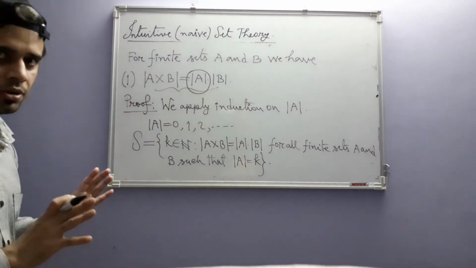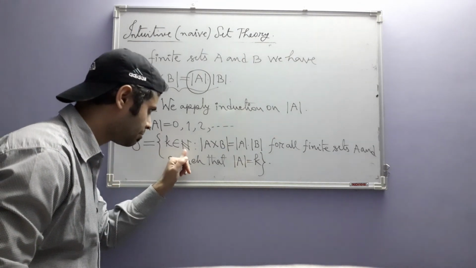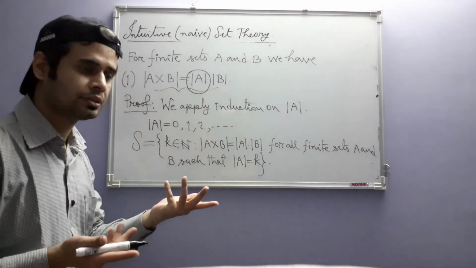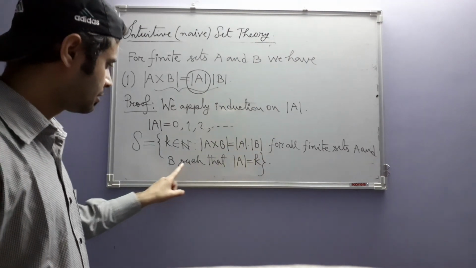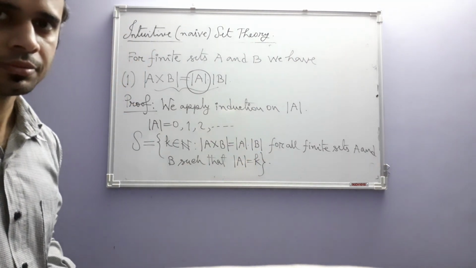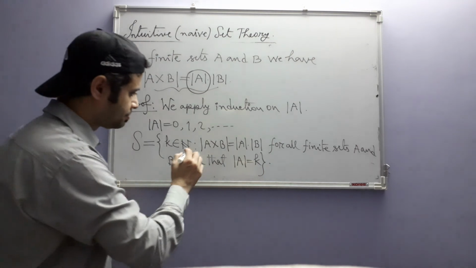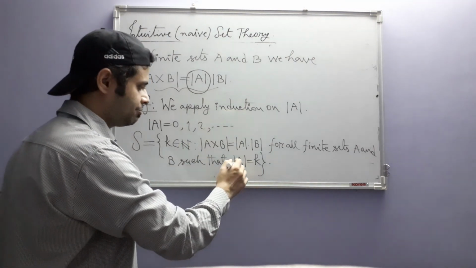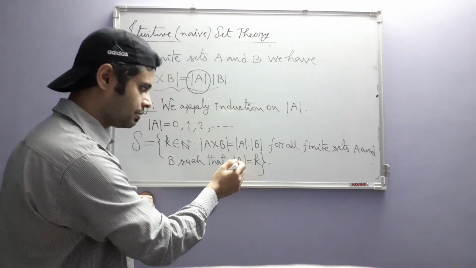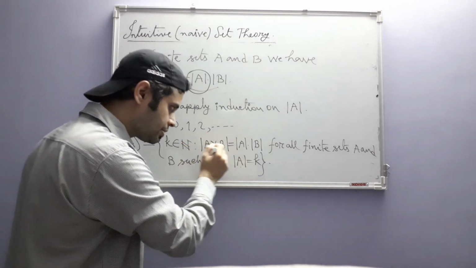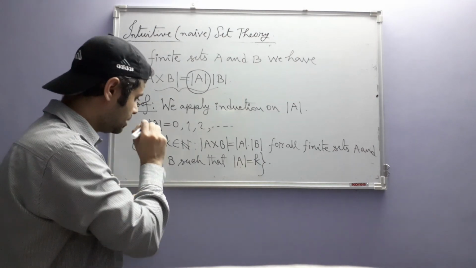Look at this set carefully. Okay, what is this set? It is the set of all natural numbers k such that this is true whenever A has k elements. Now, it means that, for example, if A has 0 elements, that is if A is the empty set, and this property turns out to be true when A is empty, then 0 belongs to S.